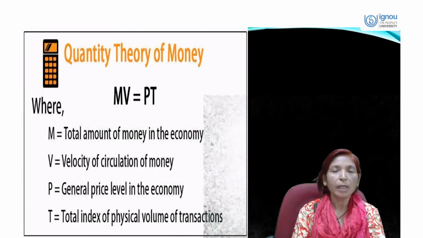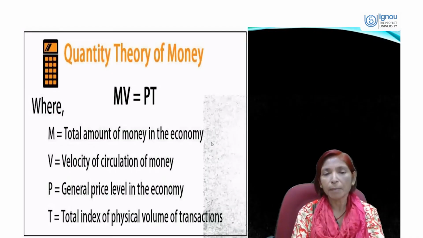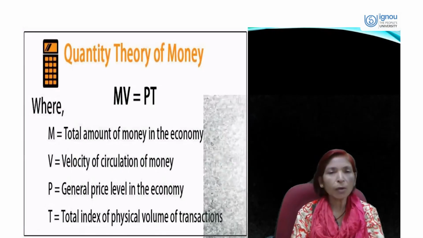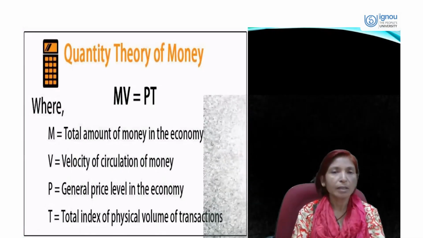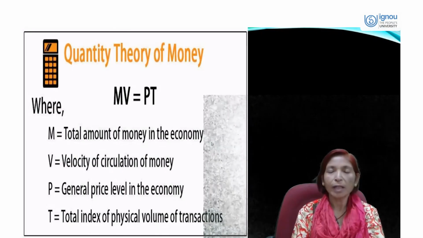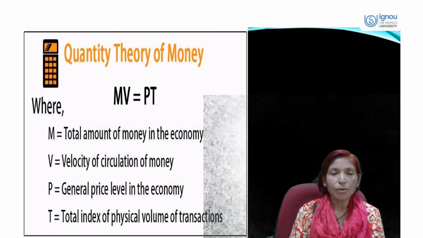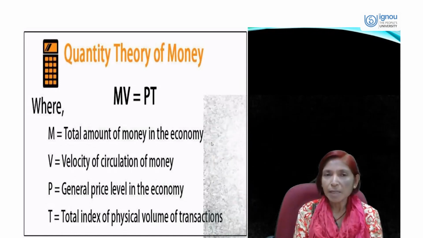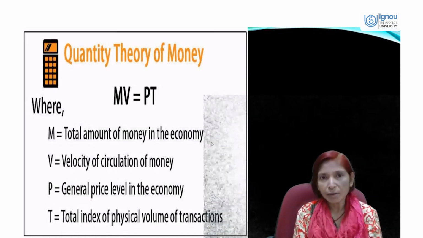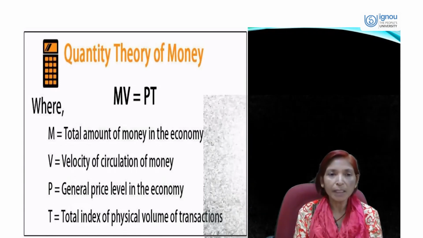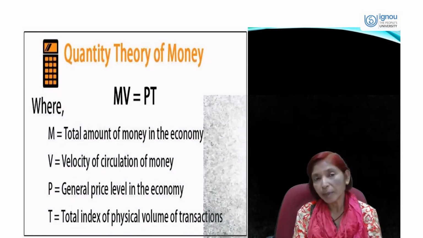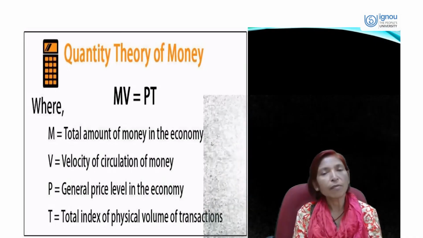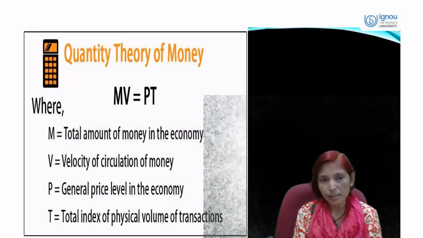There is no increase or decrease in money supply or money demand. No disequilibrium situation occurs according to Irving Fisher. So MV equals PT. Here M is money supply, V is velocity of money or circulation of money, P is general price level of the economy, and T is total index of physical volume of transactions.